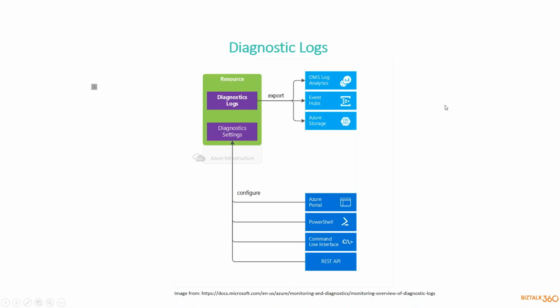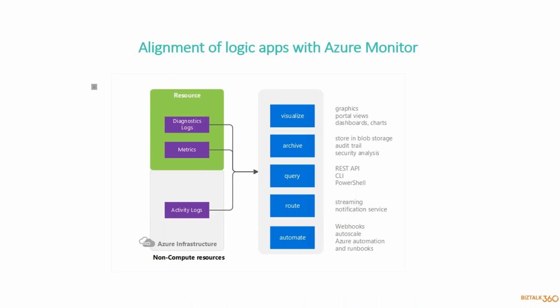So now we have seen how these diagnostic logs are available in the Azure platform. Next we are going to see how Logic Apps align with Azure Monitor and the diagnostic logs. You can see a one-to-one relationship. All the tracking abilities which the Azure platform provides are exactly used by Logic Apps.